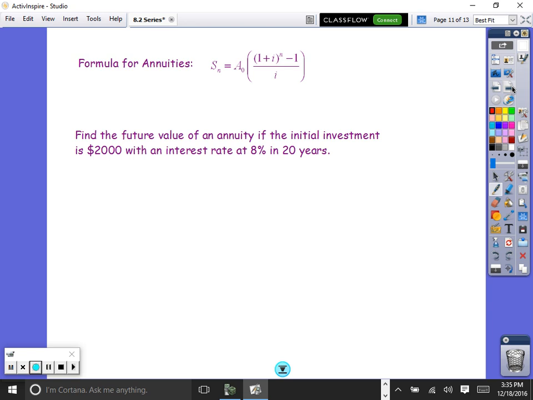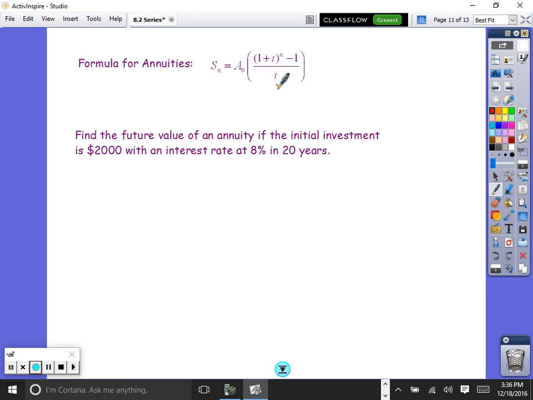To find the value of your annuity after so many years, you take the initial value of your annuity times 1 plus your interest rate raised to the n, minus 1, divided by your interest rate. Again, that is the initial amount of your investment times 1 plus the interest rate raised to however many years you're going to keep it there, minus 1, all divided by your interest rate.